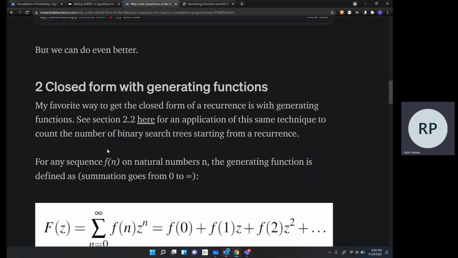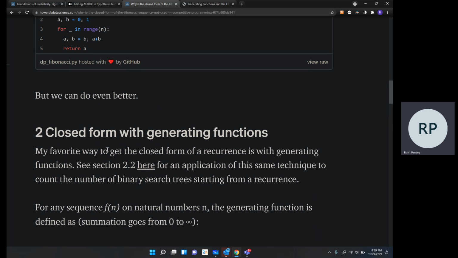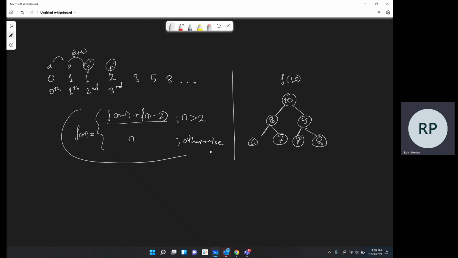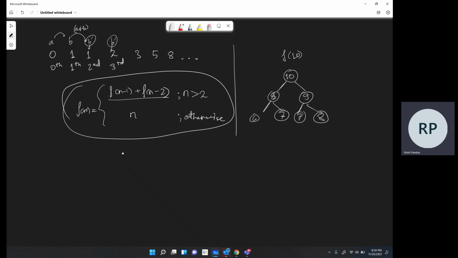And how do you get the closed form, right? The closed form meaning that you can just write the formula on a piece of paper, just given this expression, given this rule. So the way you do this is with generating functions, right? So a generating function is a nice trick where you just define a function F of z, right?